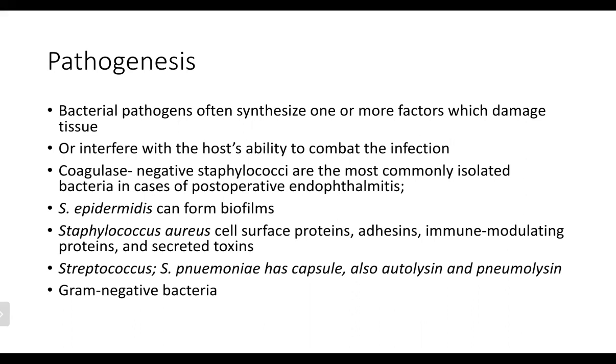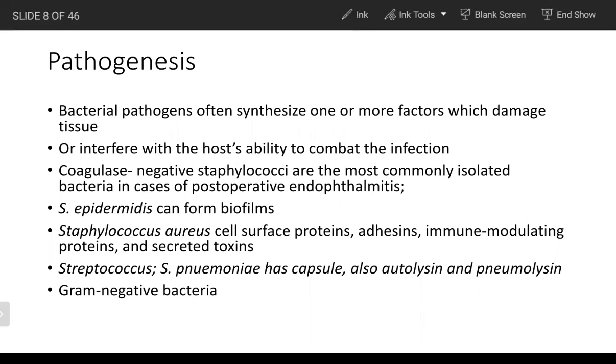That's why Staph aureus usually causes more damage than Staph epidermidis, which doesn't produce toxins. Others are Streptococcus viridans and Streptococcus pneumoniae. They also cause tissue damage, usually associated with worse prognosis because of the toxins they produce, autolysin, hemolysin, and so on.